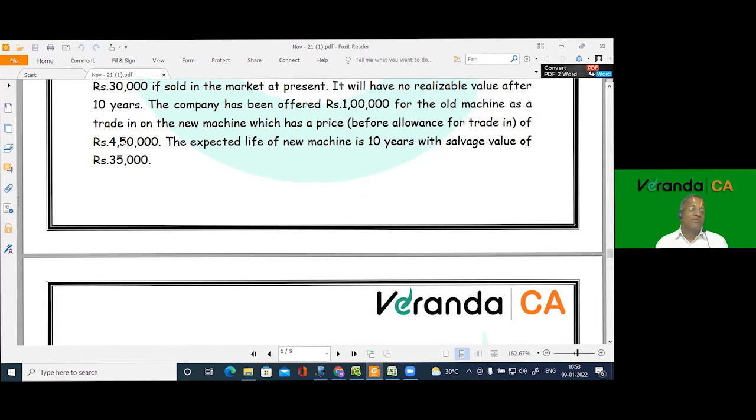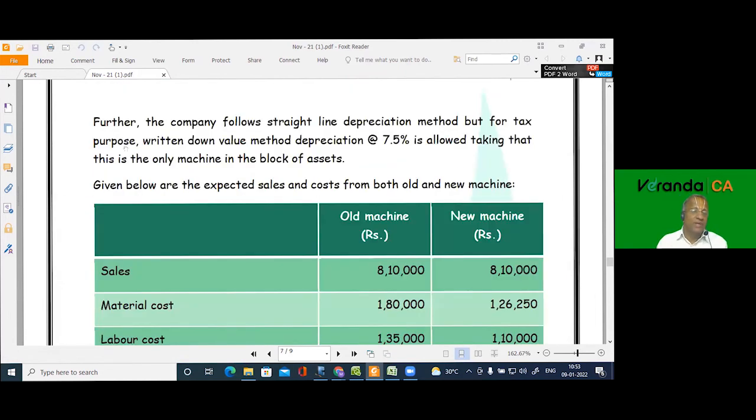But for the purpose of depreciation, they say the WDV method is what we are about to allow. The straight line method is what they follow in accounting, and WDV for tax purposes. This is the only machine in the block of assets. I do not know whether they are taking the depreciation computation very strictly. Why?